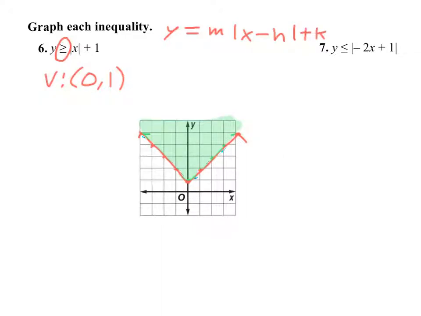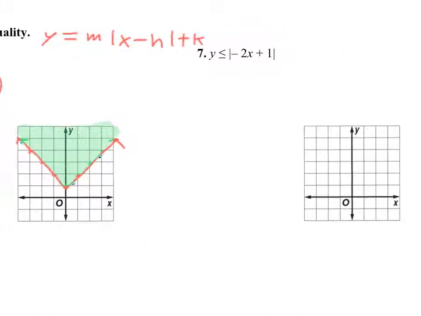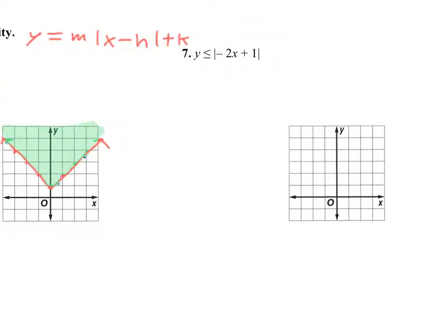Okay, so number 7 is not in the form that we want, so we have to put it in that form. All right, so we haven't done anything like this before. So notice for my template, I want x to be in the front of the inside of the absolute value. So there's a -2 there.